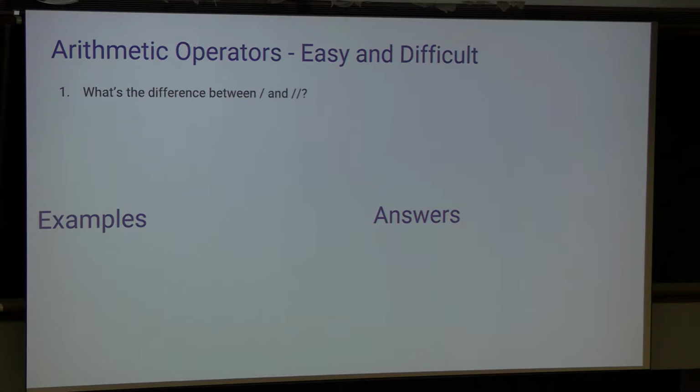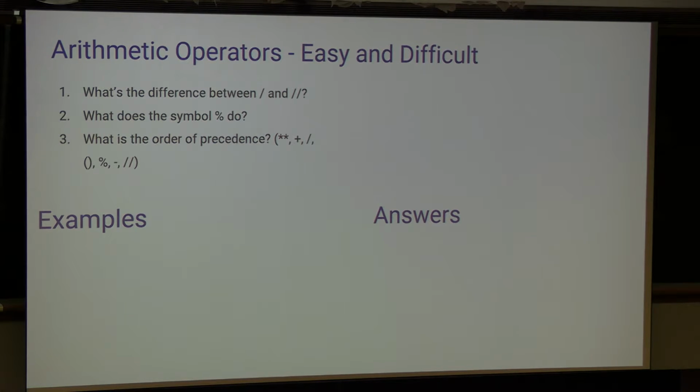But the second one is an integer division. What does this do? Exactly. So it will give you the remainder of a division. What's the order of precedence? What's the highest one? Exactly. So the power rule or exponentiation, the double star, is the highest one, and the rest, I think you guys all know it.